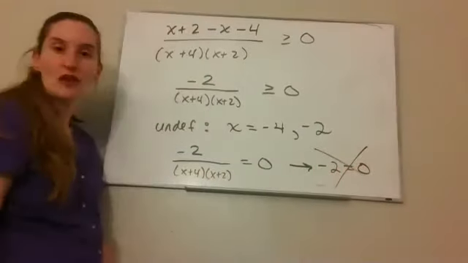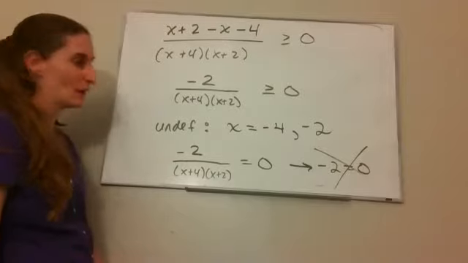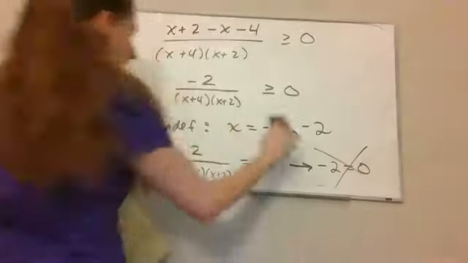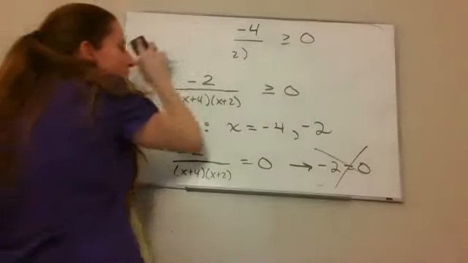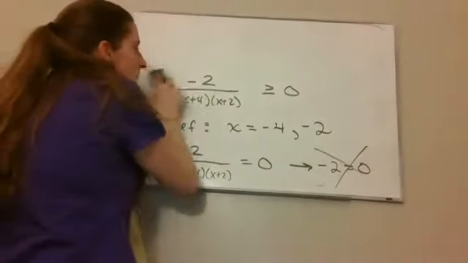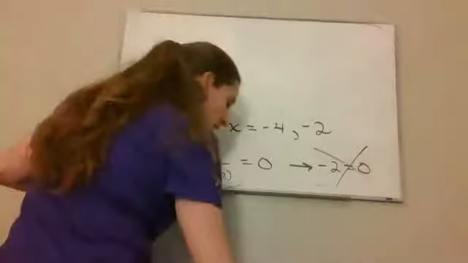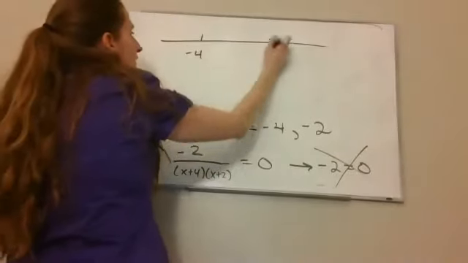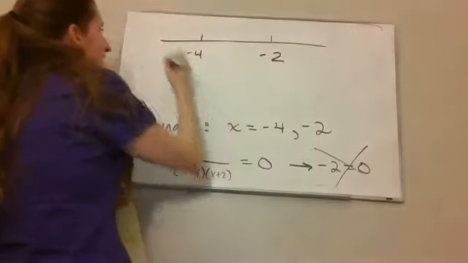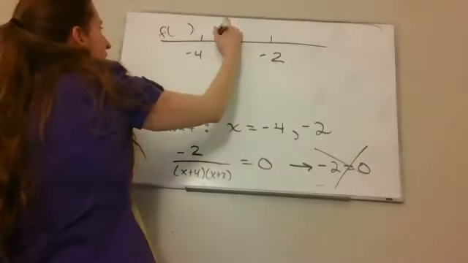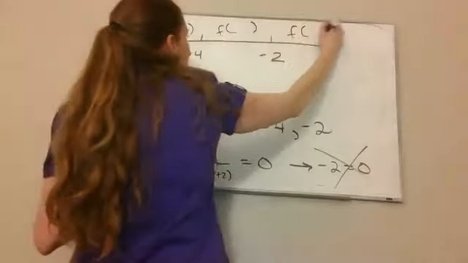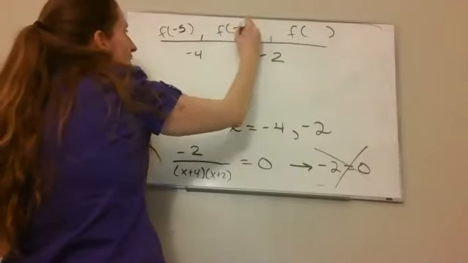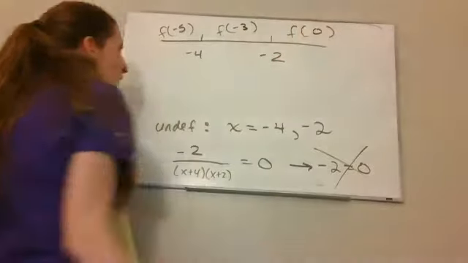So that means there's no solution for where it equals 0. So the only points I need on my number line are these values that made this undefined. So on my number line, I use -4 and -2, and I need to check values in each section. I would use -5, -3, and 0.